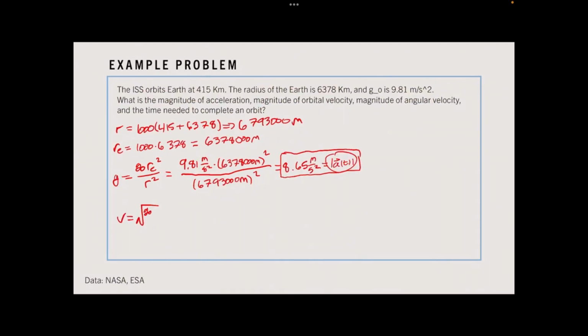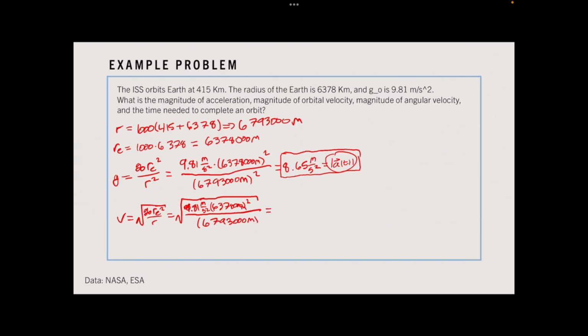So this is going to equal 9.81 meters per second squared times the radius of the Earth, 6378000, squared, and then we divide that by our orbital radius, 3000 meters. What we see with our units is meters squared divided by seconds squared, and then we square root that, which leaves us meters per second.